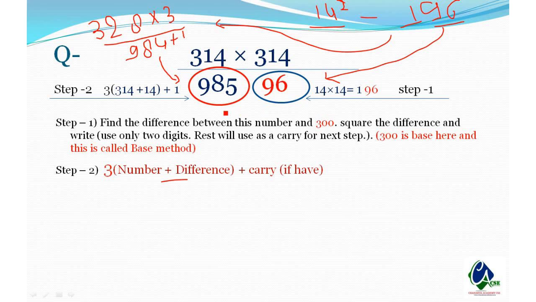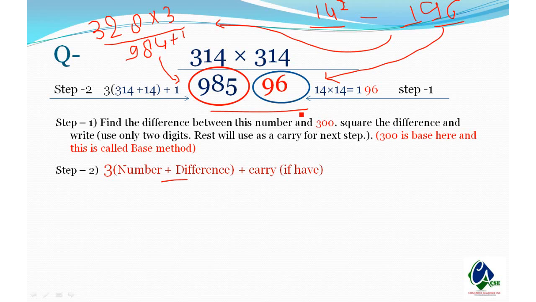This is the square of 314. I think friends, these are the 4 rules. You can calculate the square of any number below 100 and more than 100.